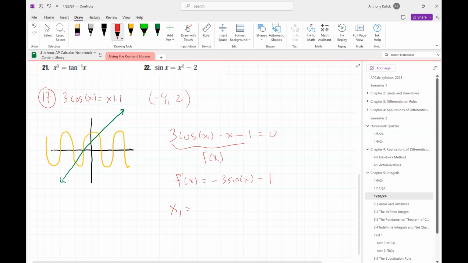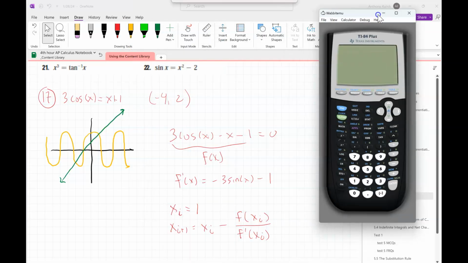Let's just start with x equals 1 as our initial guess, right? So I'll call that x_i. So x_(i+1) is going to be x_i minus f of x_i divided by f prime of x_i, right? That was the formula.